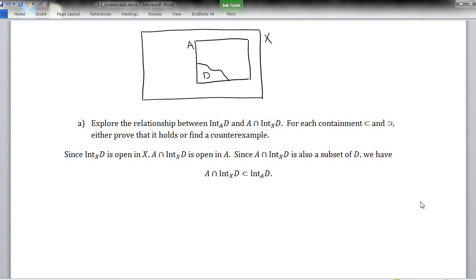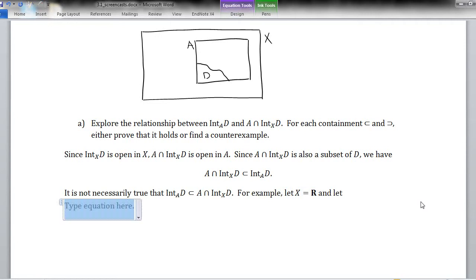All right, so that's an intuitive visual explanation, but to prove it, let's find an example that's maybe simpler than that picture I drew up there. Let me just say it's not necessarily true that int_A D is a subset of the intersection. For example, we can let X equal the real numbers, and let D and A both be the closed interval from 0 to 1.